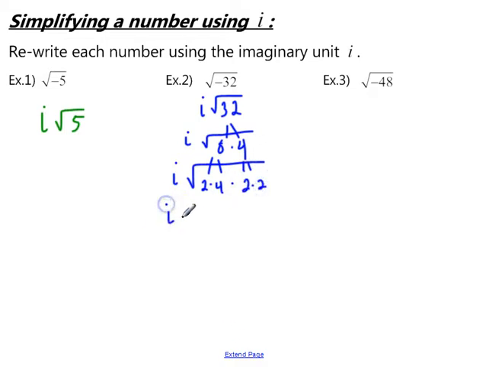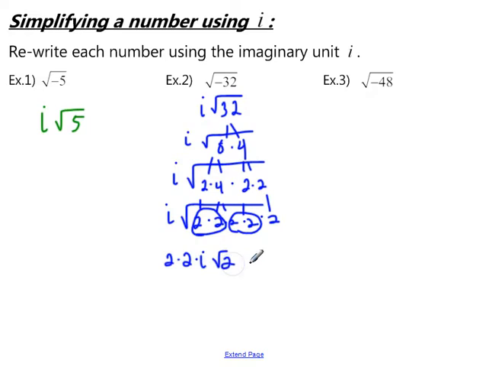And then one more, our 4 is equal to 2 times 2. And then we have another 2, and our last 2. So we can group these and these, and then we can take out a 2 times a 2 times i square root of 2. So our final answer is going to be 4i times the square root of 2.